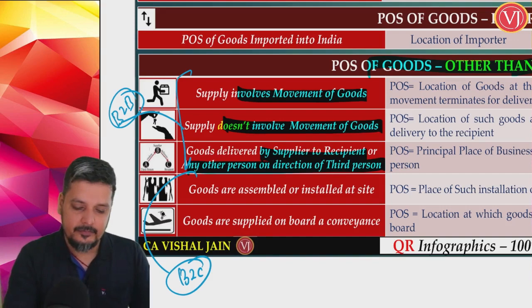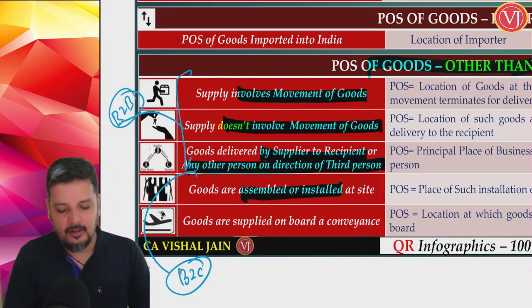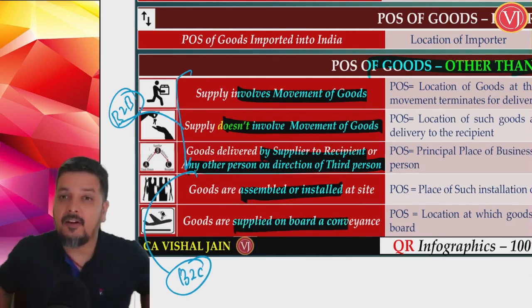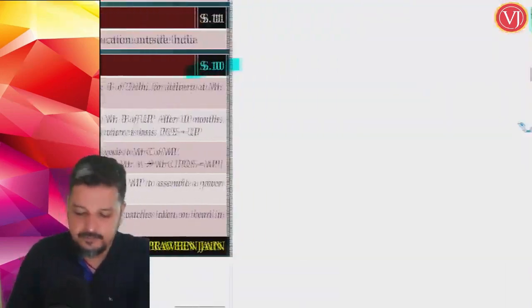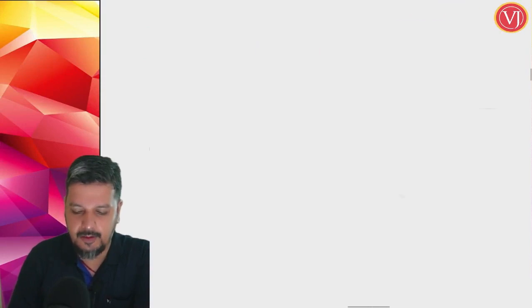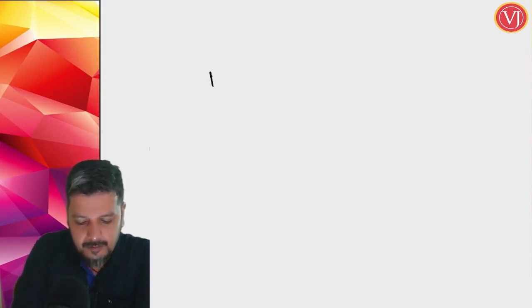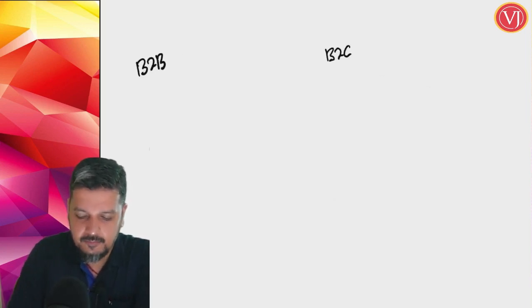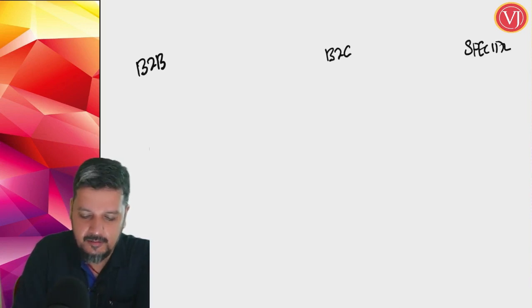Then next is goods are assembled or installed at site, special cases, or goods are supplied on board a conveyance. These are all special cases. We'll give this in a simple manner: first, we'll split that into B2B and B2C, then special. B2B, B2C and special.